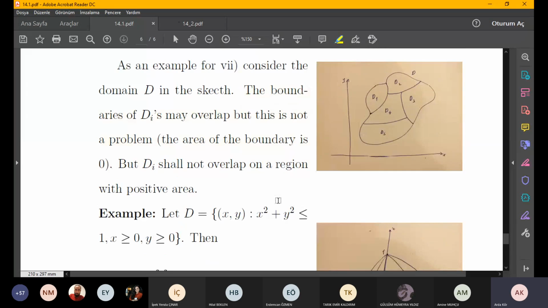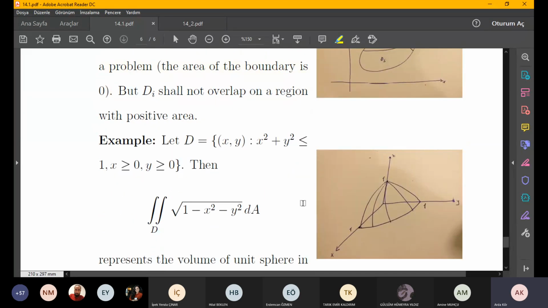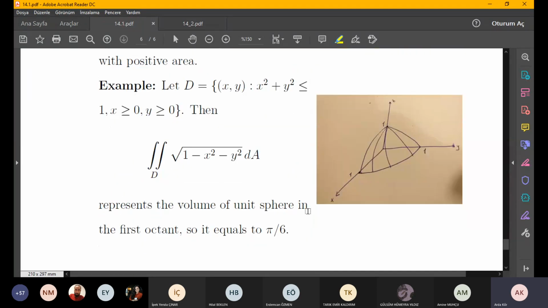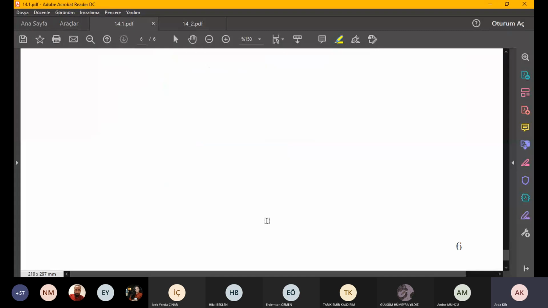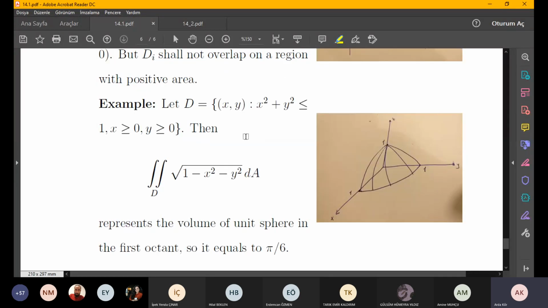Let's give an example. The region D here is represented by x squared plus y squared smaller or equal to 1, x is greater or equal to 0, and y is greater or equal to 0.